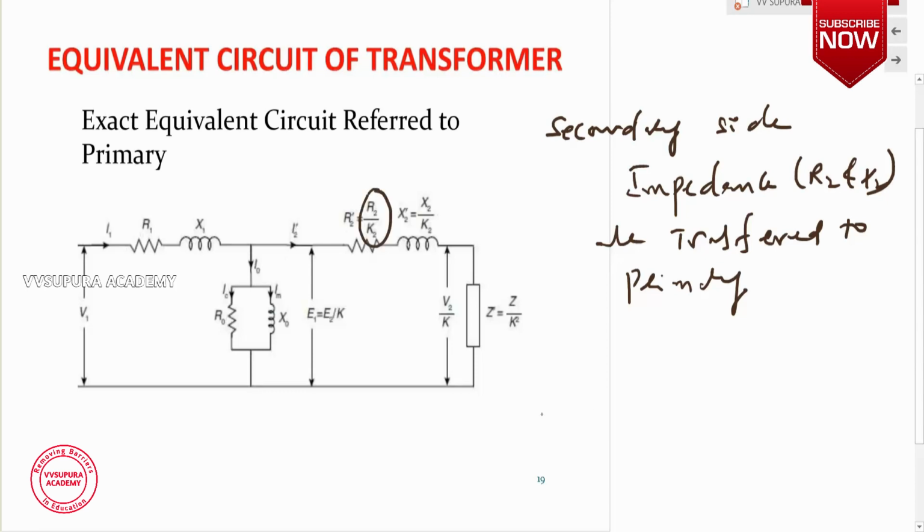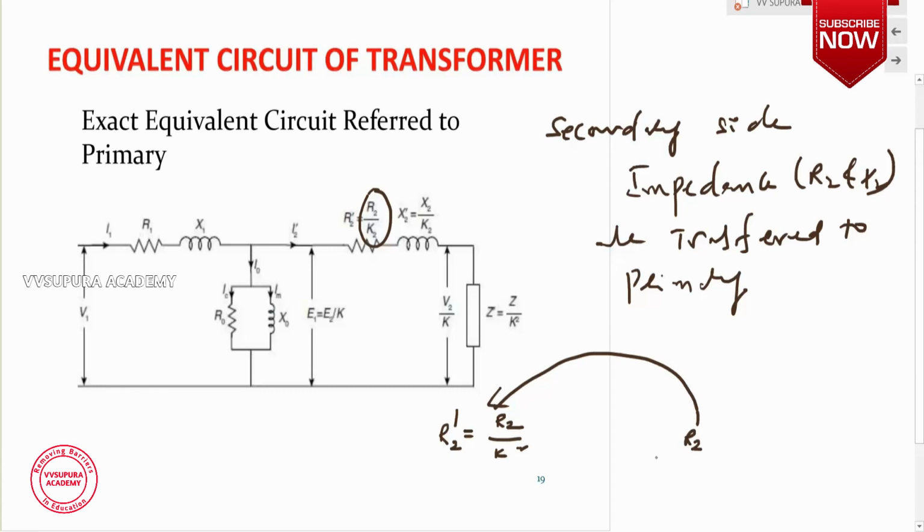Suppose R2 is transferred to the primary, that component will be represented as R2 dash, because it is a secondary component represented on the primary side. This value R2 dash is equal to R2 by k square.